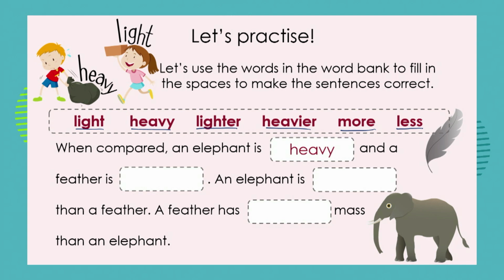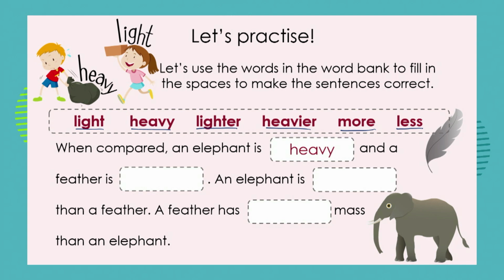So remember, when we see the word compared, it means that we have two objects, such as the feather and the elephant, and when looking at them together, we want to see which one might be heavier or which one might be lighter. So let's read the first sentence together.